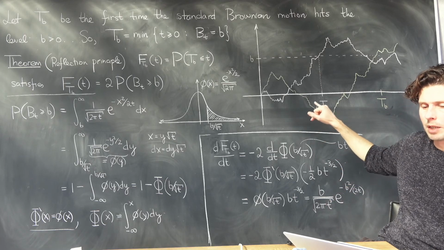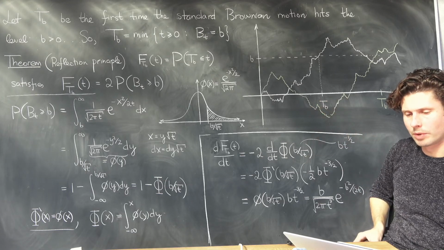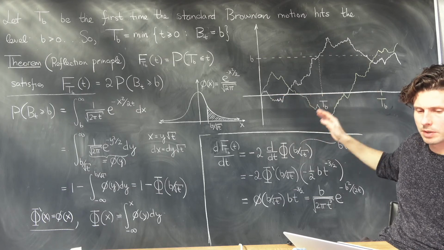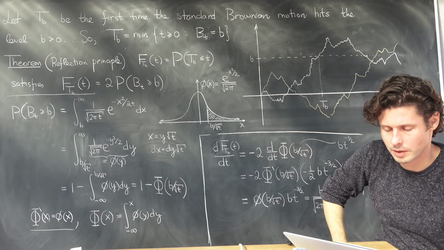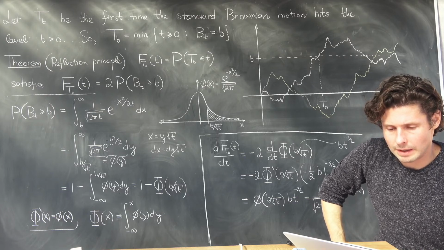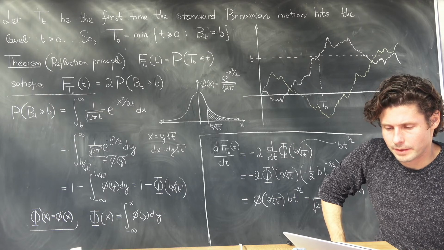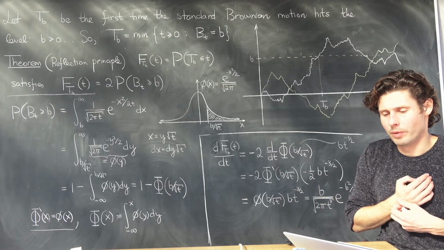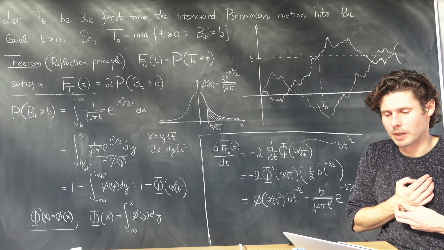And so TB is going to be a continuous random variable, so it takes values in the non-negative real numbers. And one could even try to think about whether that random variable, that random time, can be infinite.